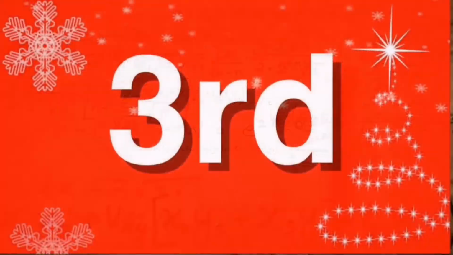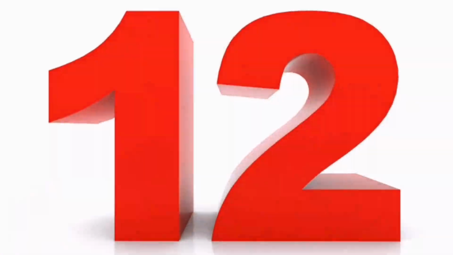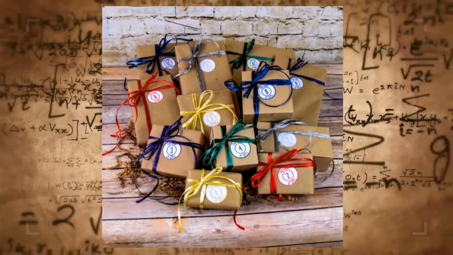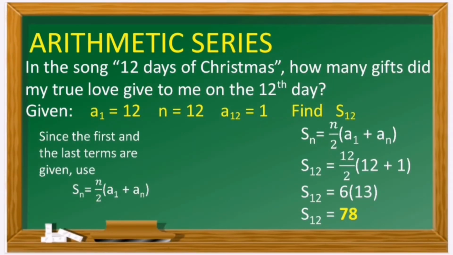On the third day, I received 3 gifts, and so on, so that on the 12th day, I received 12 gifts, just the additional 12 gifts. The question says, how many gifts did I receive from my one true love on the 12th day of Christmas, if we're going to sing the song?